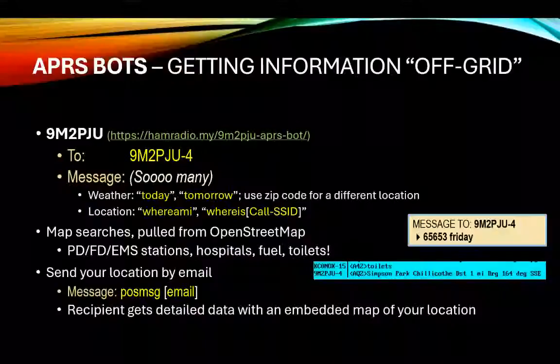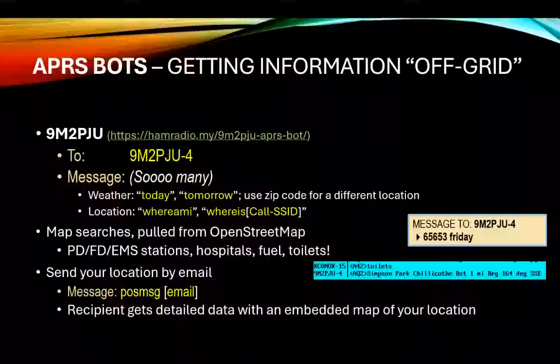You can also send your location information to somebody else by email. Again, you send it to his station with the -4 SSID. The message in this case is the POS MSG or position message, and include the recipient's email. And they'll get a detailed data with an embedded map. And he provides several links within that email to find like APRS.fi or the Find You websites.